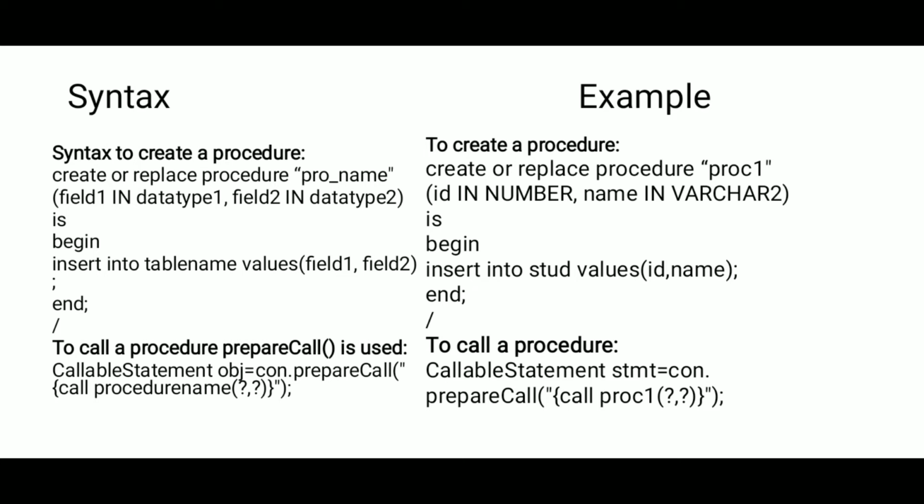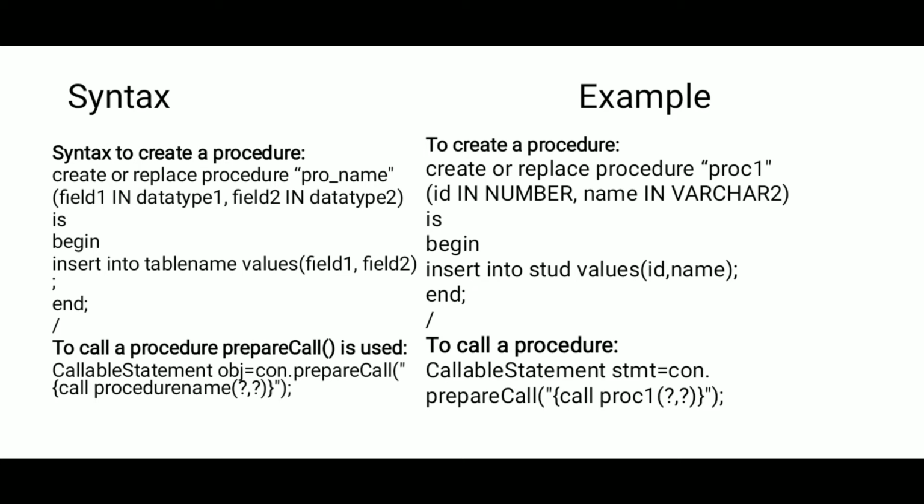So field 1 is an in parameter, then the data type, then the second parameter, and then begin insert into table name values field 1 and field 2. So this is the basic query when you work with our database.